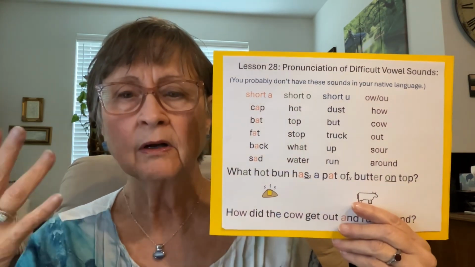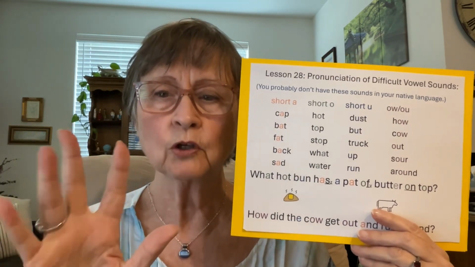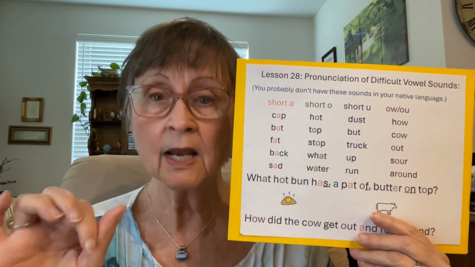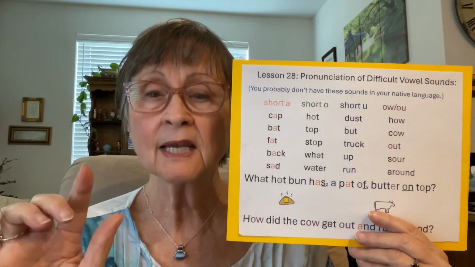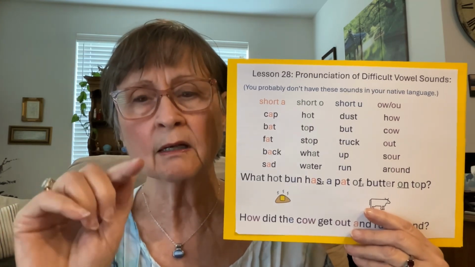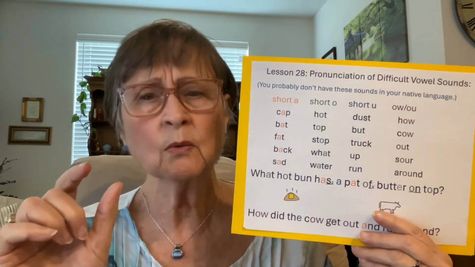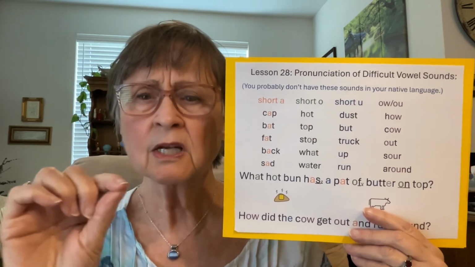Now we have, of course, the vowel sounds for A, E, I, O, U. When it's long, it says its name. A says A, E says E. Notice I'm doing a little E sound. There is something we do with vowel sounds that extends them a little bit.